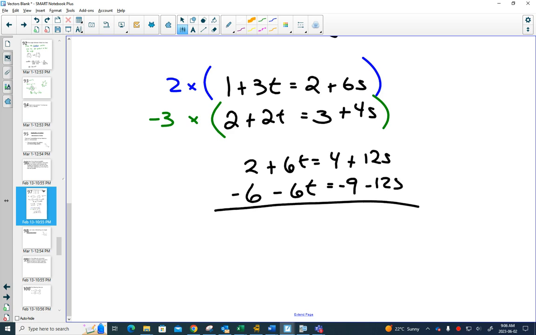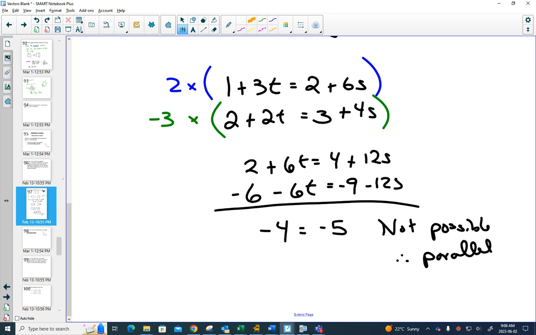And when I add these equations up, I get -4 is equal to -5. Who knew? Interesting properties of negative numbers. No, that is not true, and so this is not possible and therefore the lines have to be parallel.